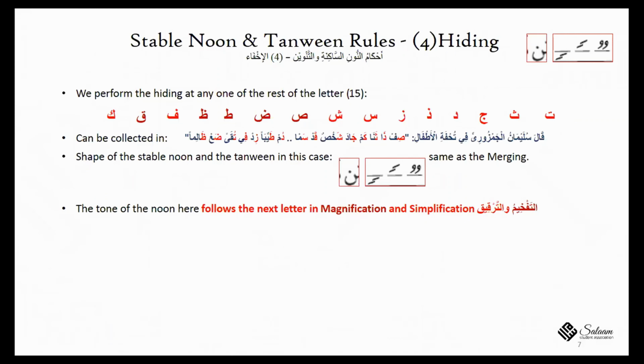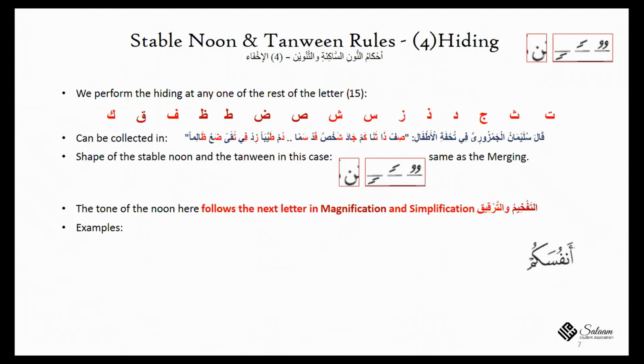Here comes the important part that a lot of people do not care about. It's very important, which is actually that the tone that we give and make for the noon can be magnified and can be simplified. And this is why I discussed the magnification and simplification in the last lesson.